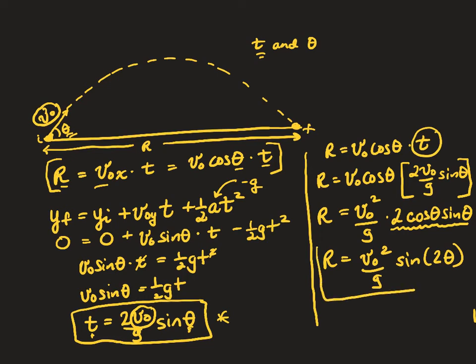This is the equation for the range of a projectile that's launched and lands at the same height at which it was shot. What's interesting about this is if you start plugging in values. If you plug in, for example, 30 degrees for theta, you'll get a value for the range.